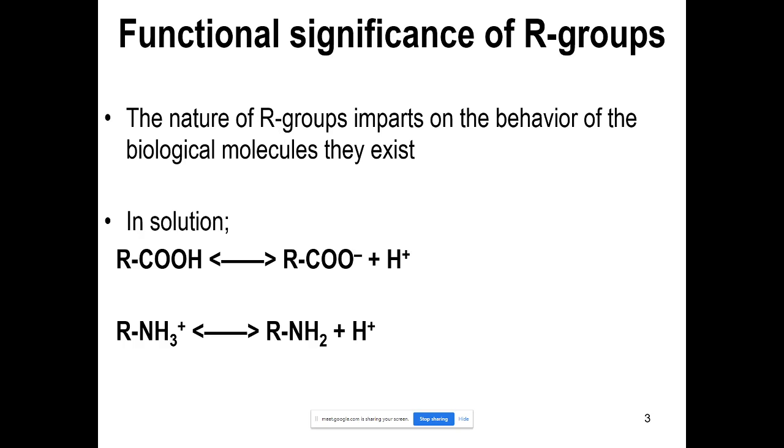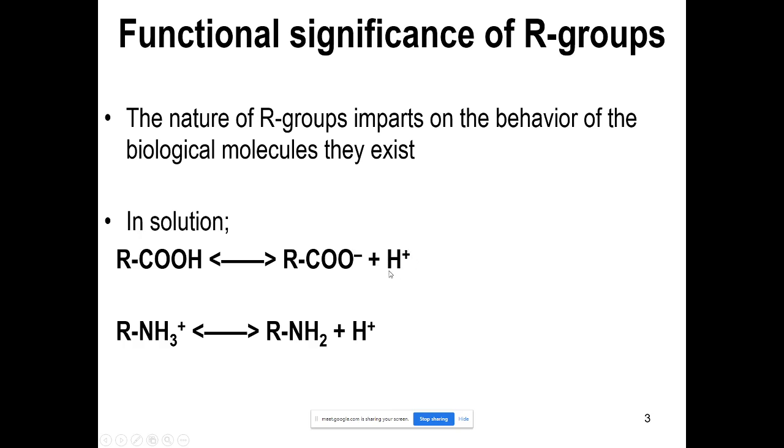where they are found. So take an example. I gave you an example on slide number 3. For example, if we have a carboxyl group, COOH, a carboxyl group always in solution, whenever you put a carboxyl group in water, it ionizes. Ionizes meaning that it dissociates and releases a hydrogen ion in solution. Whenever you have a carboxyl group, it will dissociate in solution and release a hydrogen ion.